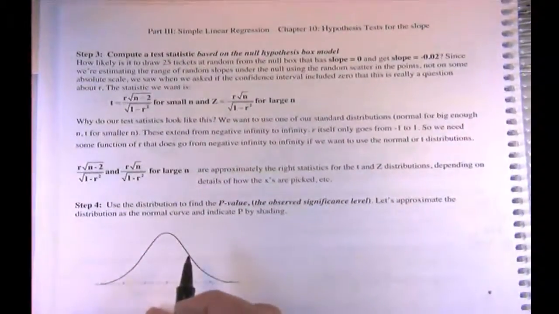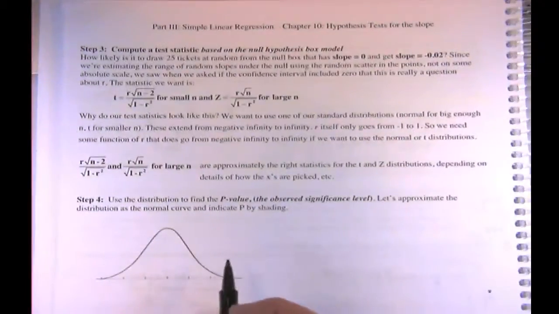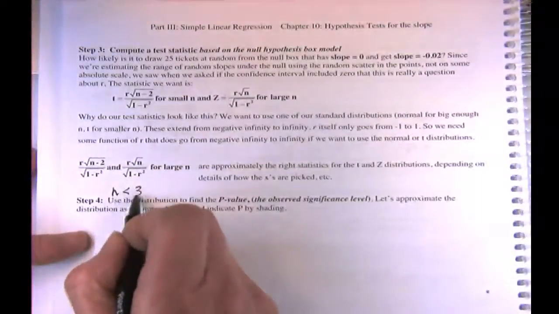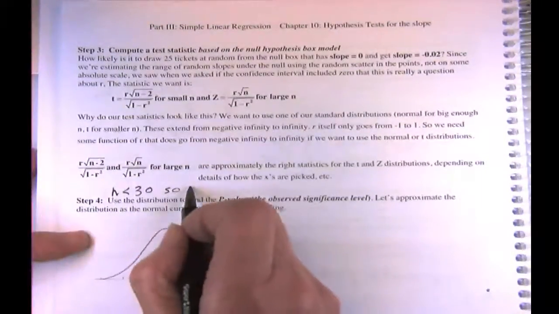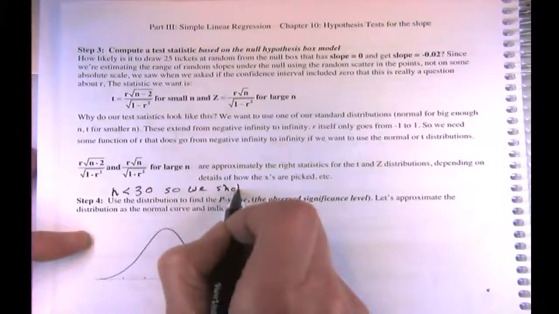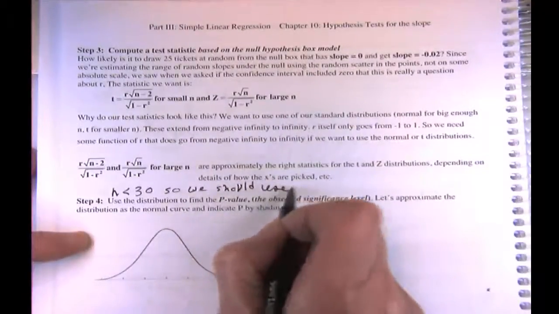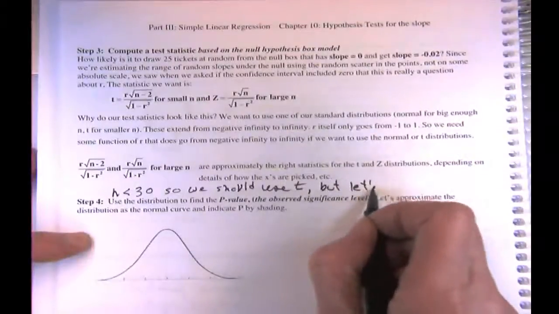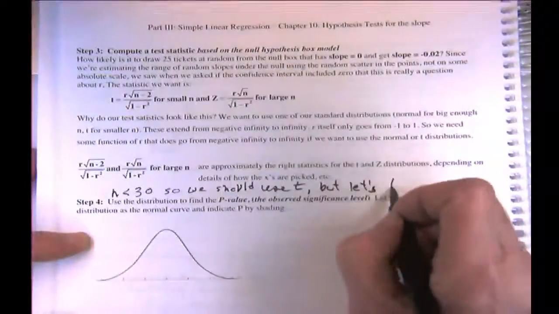Do you want to do both of them, just so you can see the difference? How do we decide? N is less than 30. We have a small n, so we should use the t, but let's do both just to see the difference.